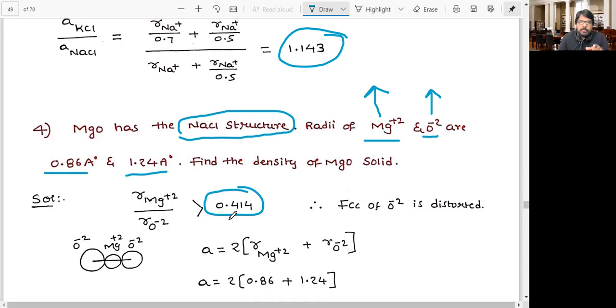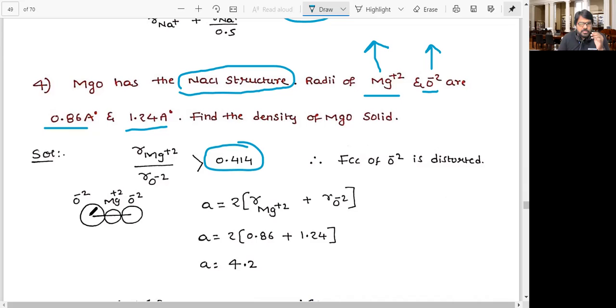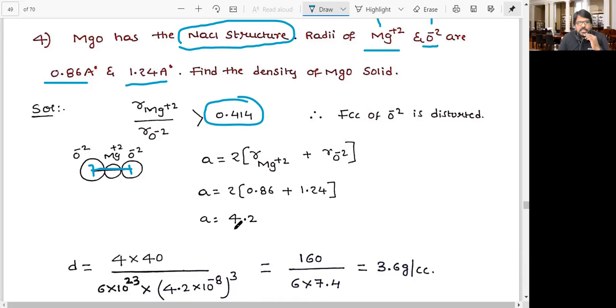If you use that formula, your answer will be slightly different, because here distortion is taking place. That's why you have to use this relation: edge length is 2 times the sum of radius of cation plus radius of anion, and edge length is equal to 4.2, of course, angstrom units.